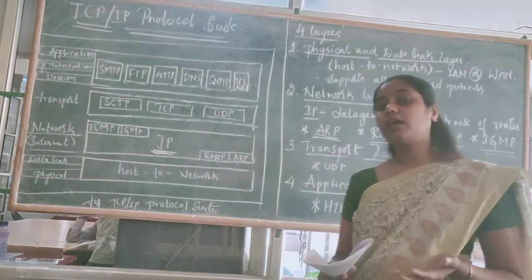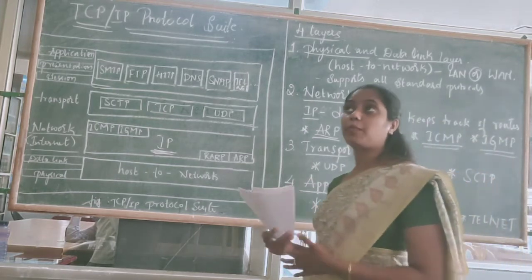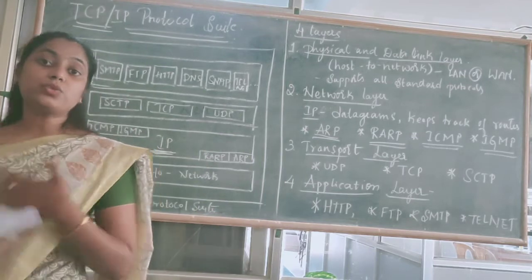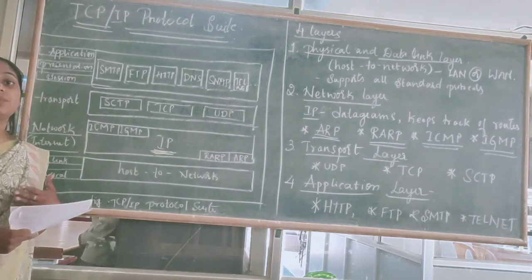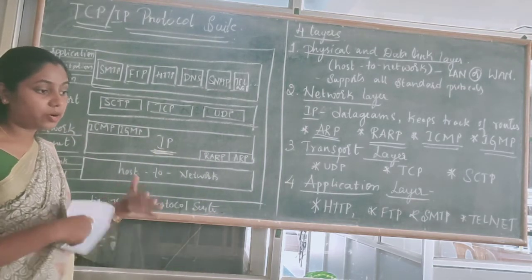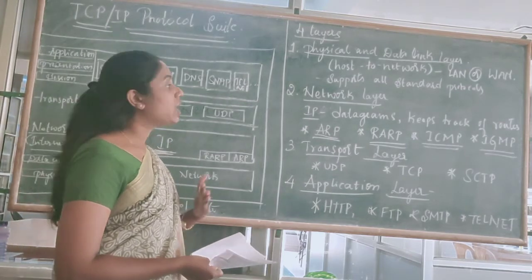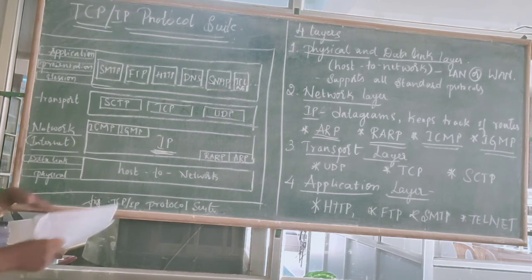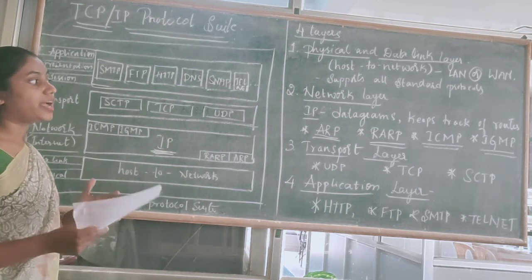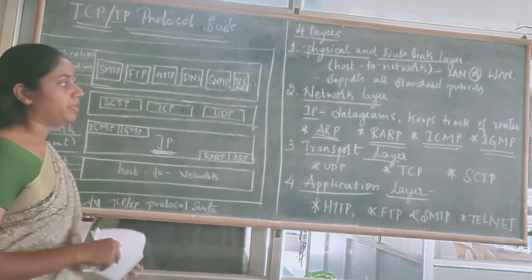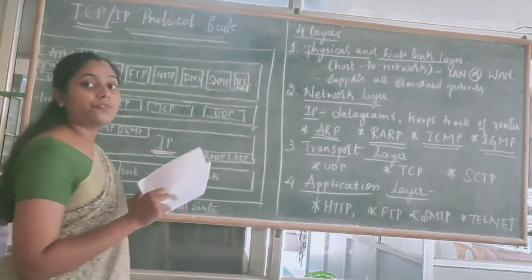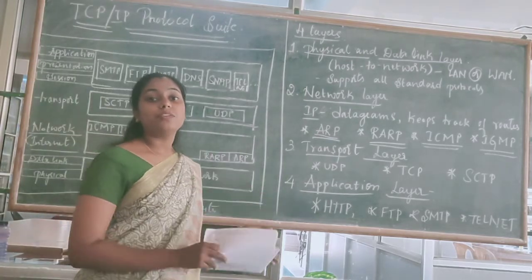These datagrams in this internet protocol do not support any route tracking, and it does not support reordering of the message, but it supports 4 protocols in turn, that is ARP, RARP, ICMP and IGMP. So ARP stands for Address Resolution Protocol. What is it used for? It is used for finding the physical address.